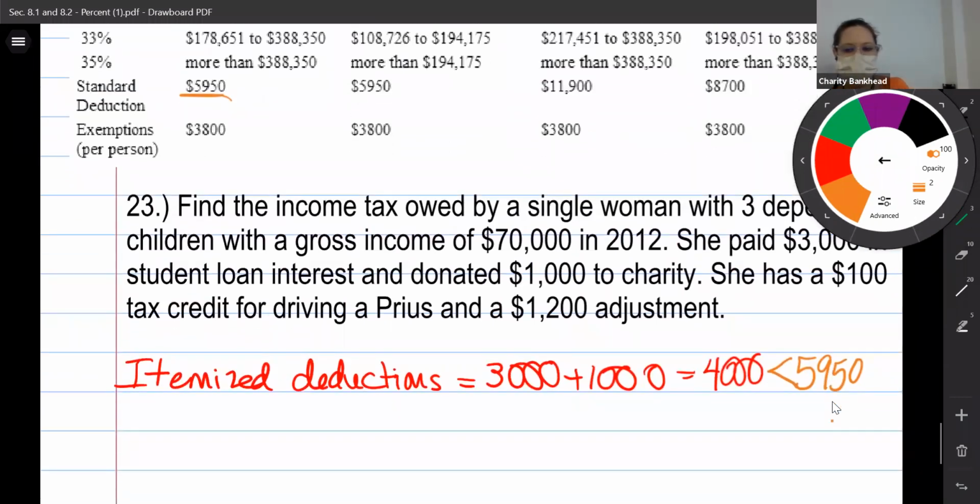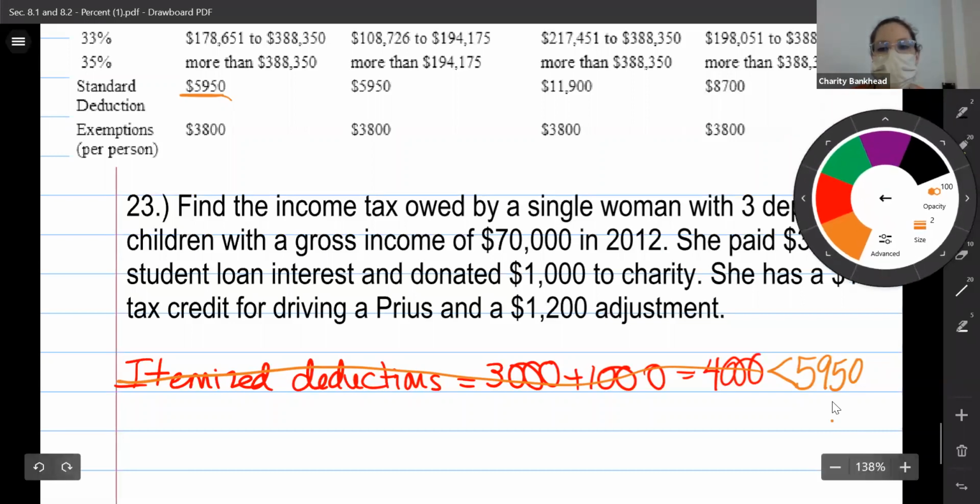So we're just going to use the standard since the standard is more. So that'll get her a better deal on her taxes.